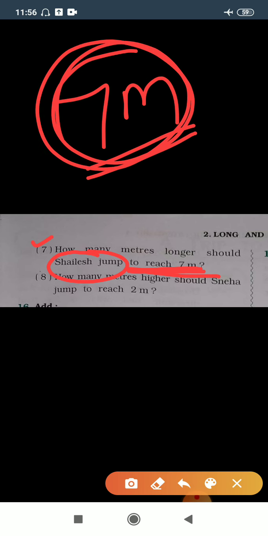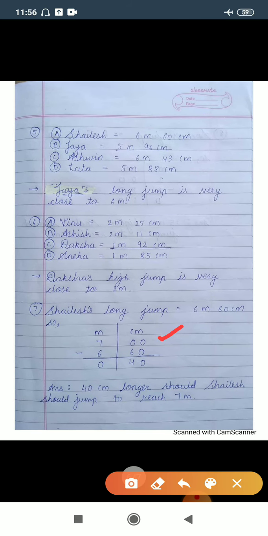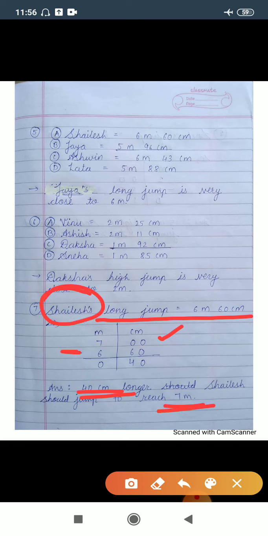Okay, so let's see question number 7. So the given is 7 meter and we'll write 00 in centimeter, and the Sailesh long jump is 6 meter 60 centimeter. So with the help of subtraction we get 40 centimeter Sailesh need to jump to reach 7 meter.